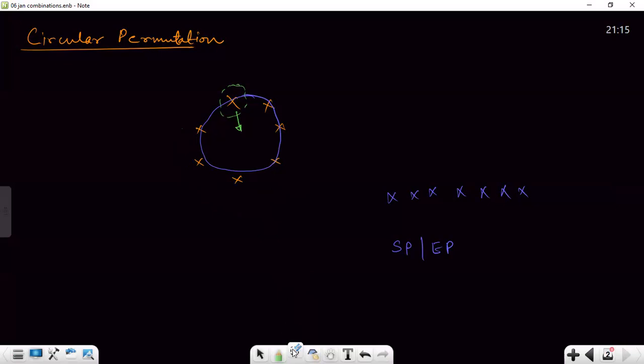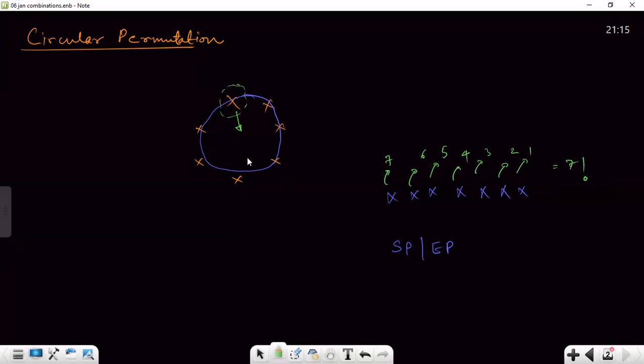So now, considering how many ways we can arrange certain people, let's say 7. If it were a linear case, 7 choices for this place, 6 choices, then 5, 4, 3, 2, and 1. So basically 7 factorial.